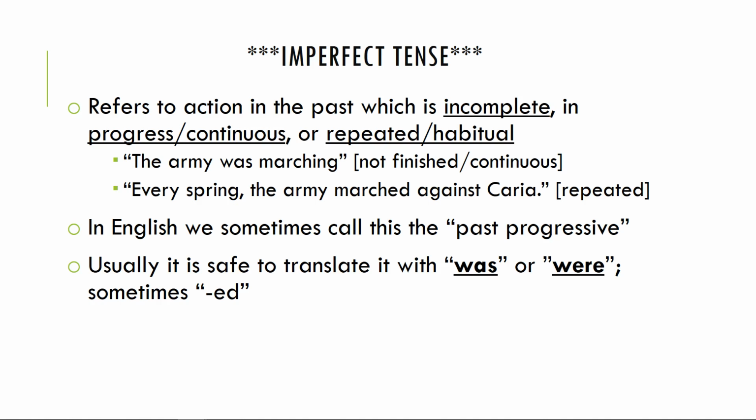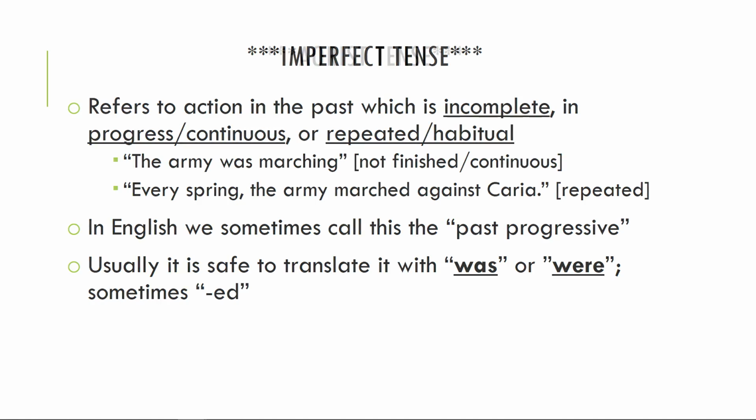They're not done marching, as opposed to the army has marched, which they've done, and they're in the state of having done it. So this is was or were, or sometimes the simple -ed form. The army marched against Caria, meaning they did it over and over again. But in English, if you translate it with was or were, or sometimes with -ed, you're pretty straightforward.